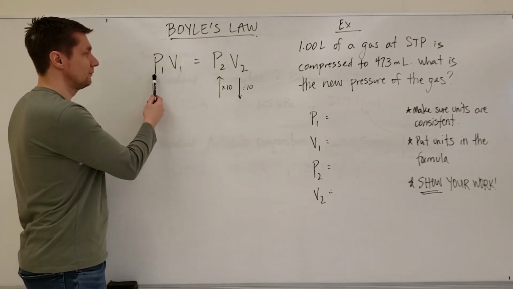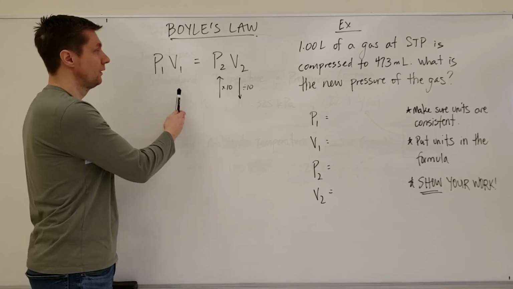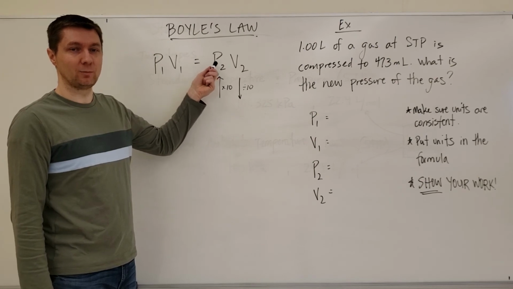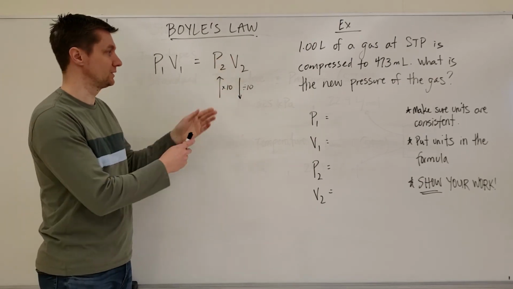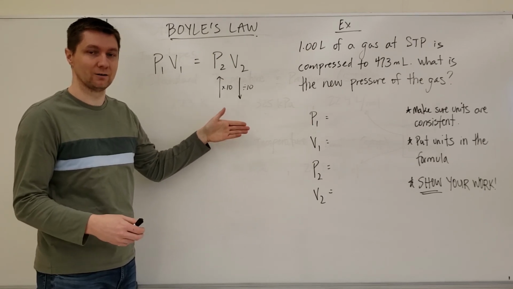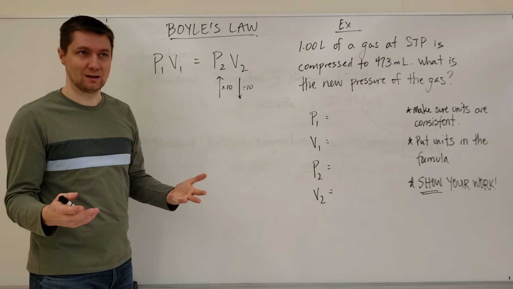If I multiply the initial pressure by the initial volume, I should get the same answer when I multiply the final pressure and the final volume together, because if this number goes up by a factor of 10 and this number goes down by a factor of 10, then the multiplication of those two numbers will still be the same.